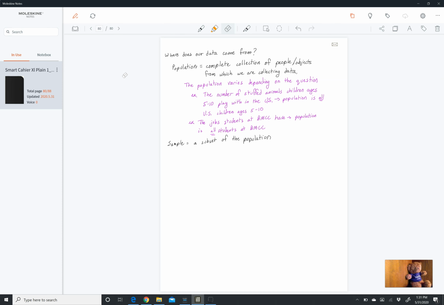Okay, so for example, if we talk about the number of stuffed animals, a sample might be taking 20 children from every elementary school in the country and asking them, or it might be taking one 5-year-old, one 6-year-old, one 7-year-old, one 8, one 9, one 10-year-old from each district in every state in the United States.